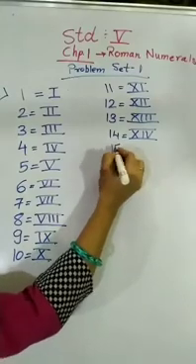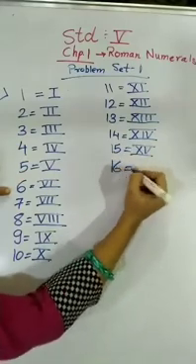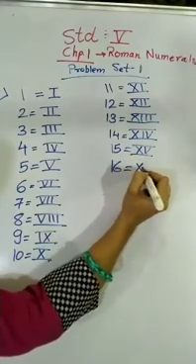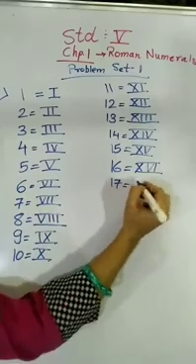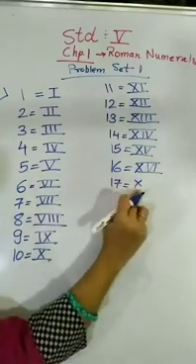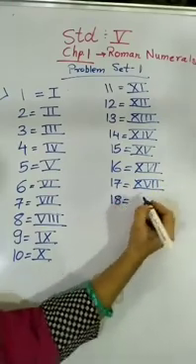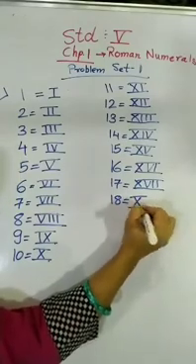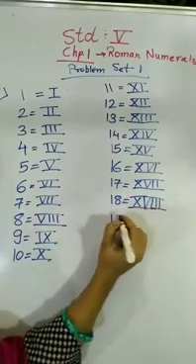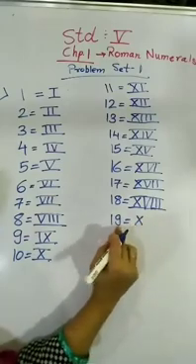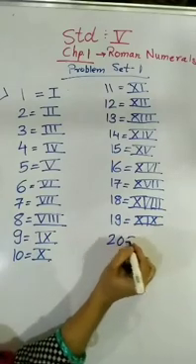Now 15 is X, V. For 16, for 10 we will use X, and for 6 we will use VI. 17 is X for 10 and VII for 7. 18, similar way, X for 10 and for 8 we will write V and 3 times I. 19, 10 and for 9 we will write IX. And 20 is 2 X.